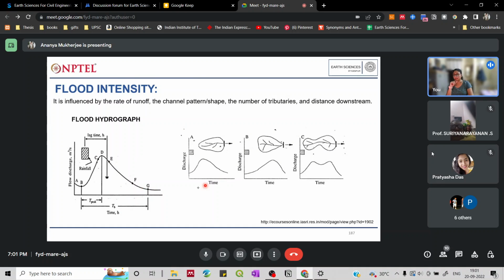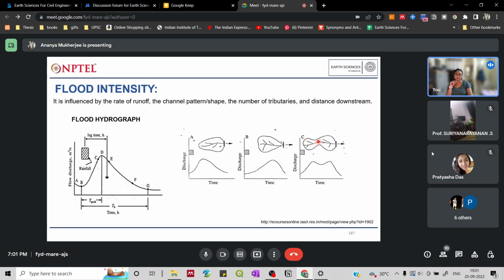This flood hydrograph is sometimes influenced by different factors. Over here you can see that the drainage basin shape influences it. If there is this kind of drainage basin shape, you can see that the peak happens in this area, whereas for this kind of basin shape, the peak has moved towards the narrower drainage basin area.